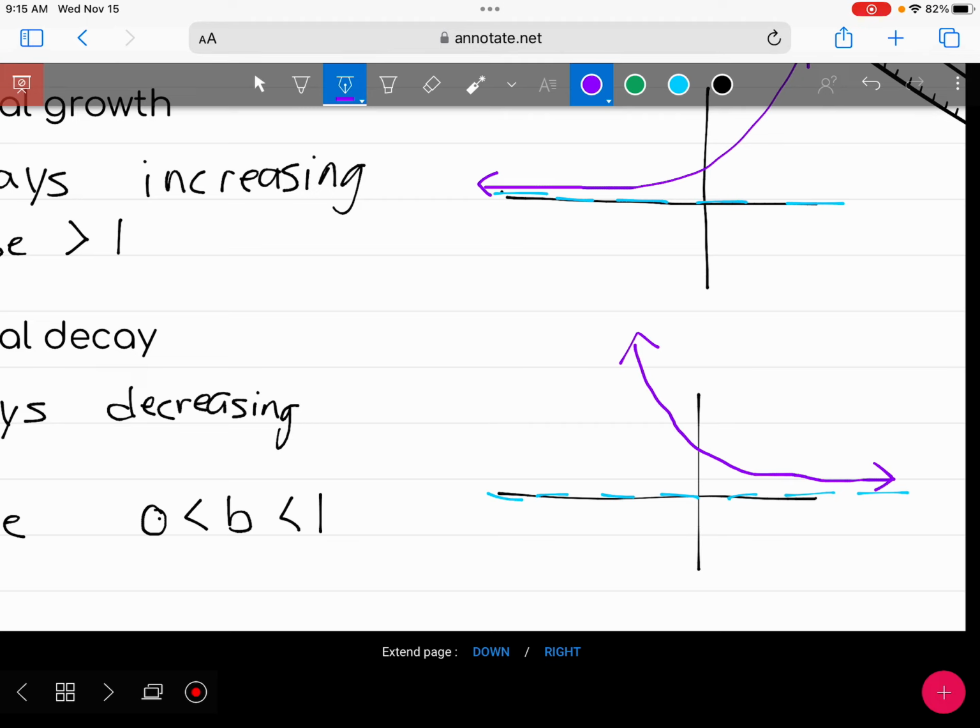Okay, so then we're gonna practice on the next page. Is it growth or decay? And we're gonna read them.